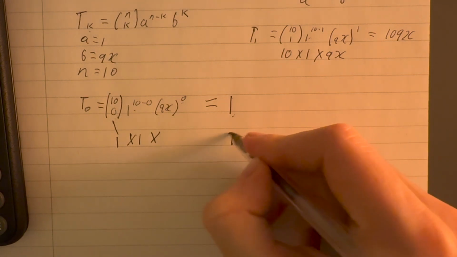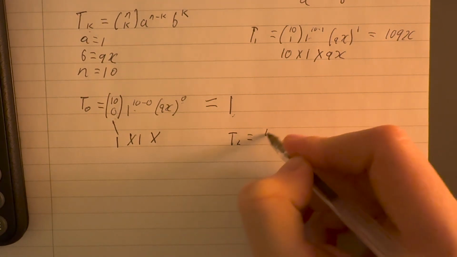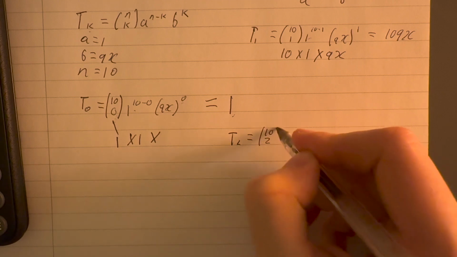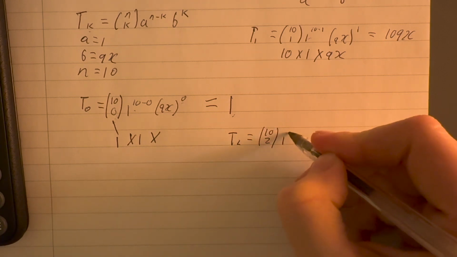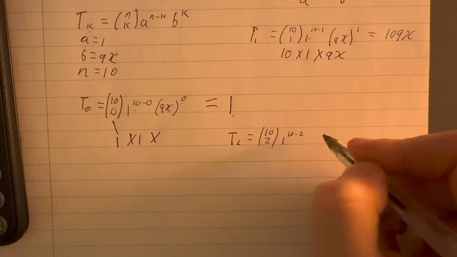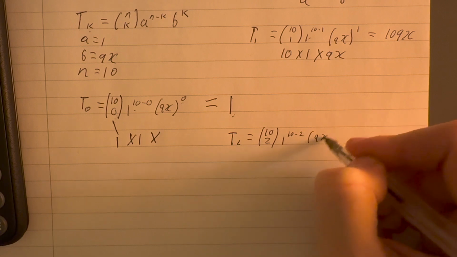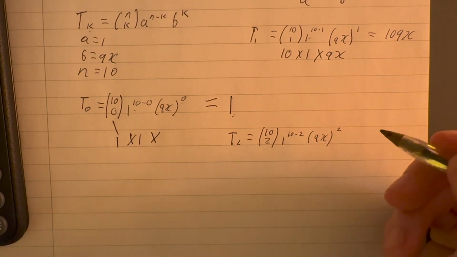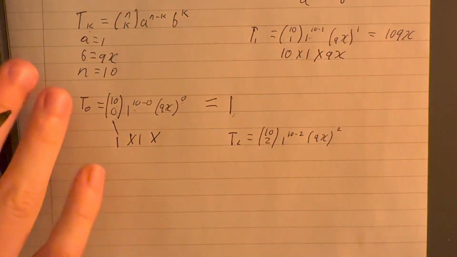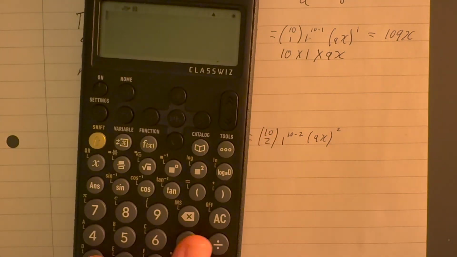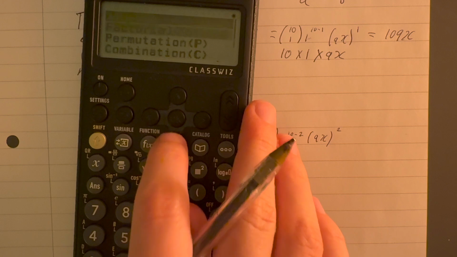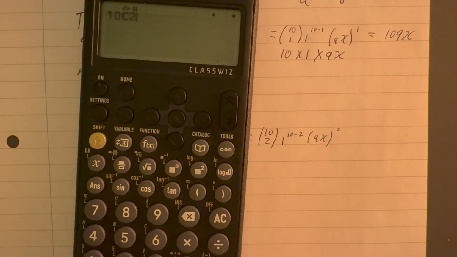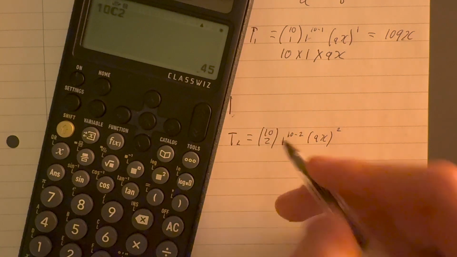Now we've got t2. 10 over 2. 1 to the power of 10 minus 2. qx squared. So now we've got 10c2. Now I'm going to use my calculator for this one. That will give us 45.